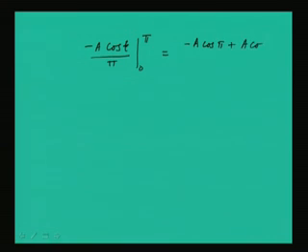I can go to the next slide, that is a minus cos t by pi, 0 to pi, and that is nothing but we will get minus a cos pi plus a cos 0, or I should write like this.